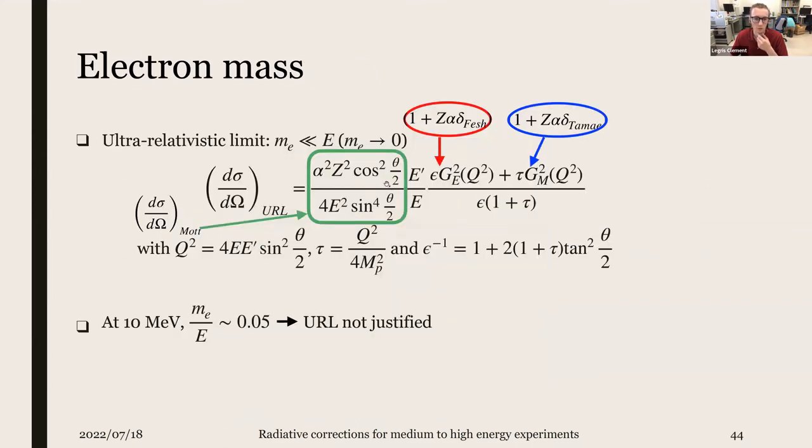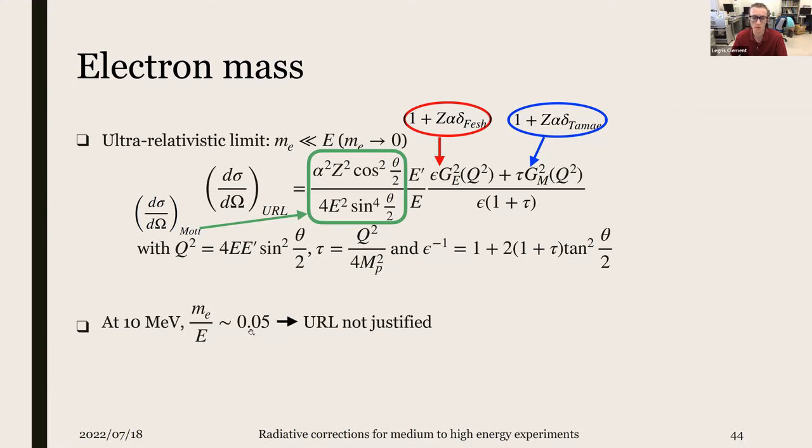Finally, I would like to say a word on the electron mass. In most experiments the electron mass is neglected. For example, in the Mainz experiment the beam energy was always higher than 180 MeV, and in the PRad experiment about 1 GeV. But in the case of the ULQ2 experiment, we are using beam energies down to 10 MeV.